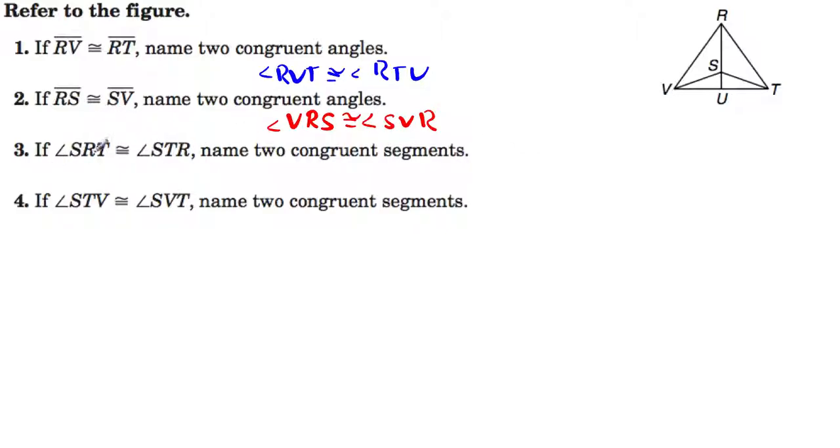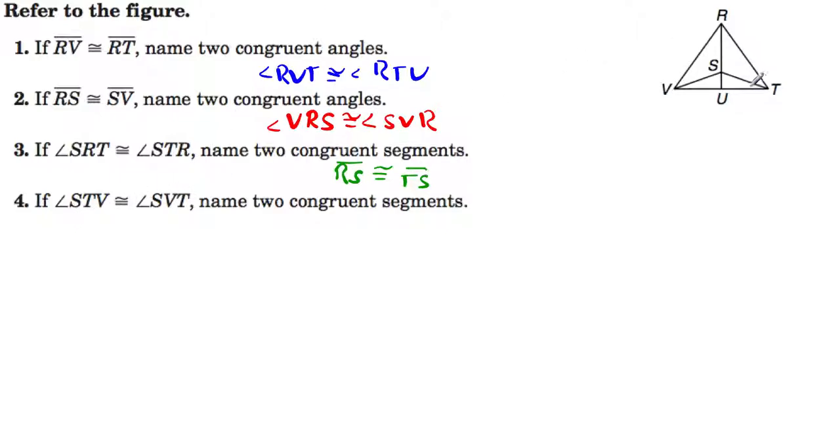All right, if angle SRT is congruent to STR, name two congruent segments. Well, that makes this little triangle there. If I could draw in straight lines, it would be helpful. So that means that segment RS is congruent to segment TS. And finally, I have STV.